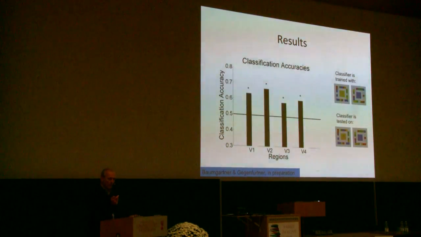The crucial point is that now we want to test whether the classifier just tells us something about the color coordinates, the colorimetric condition, or whether the classifier really tells us what colors are perceived by the observer.